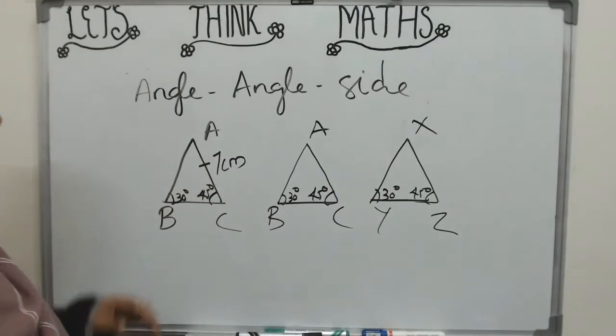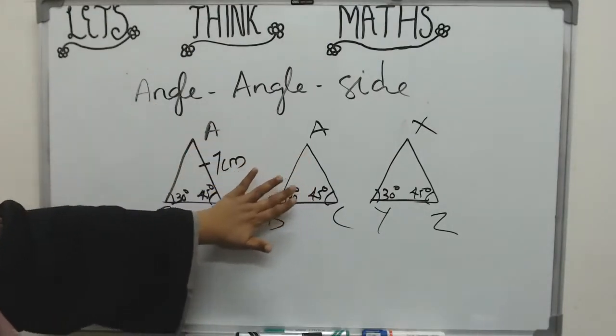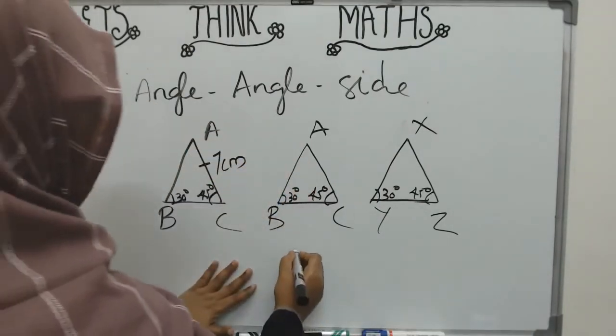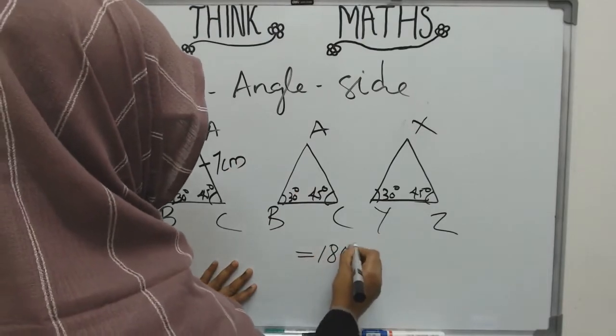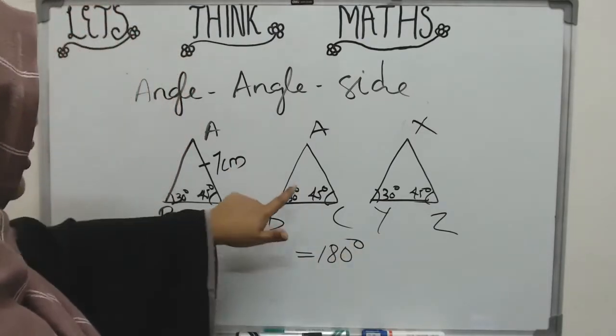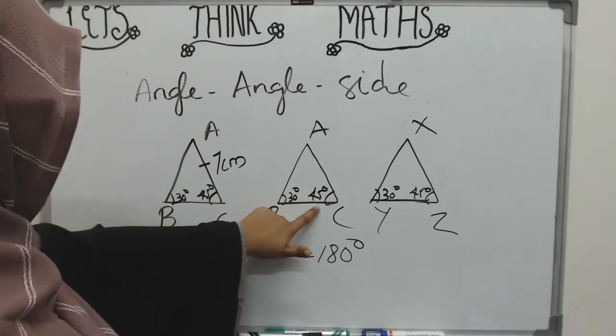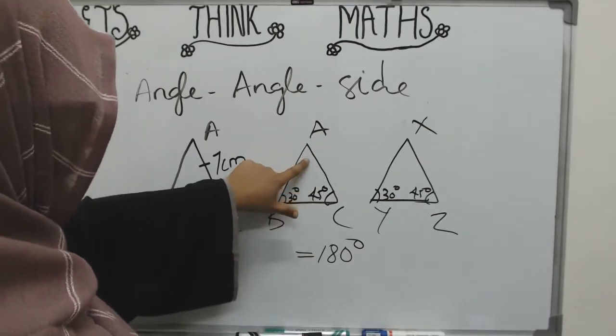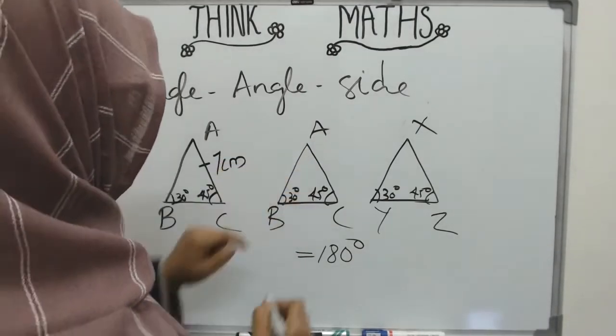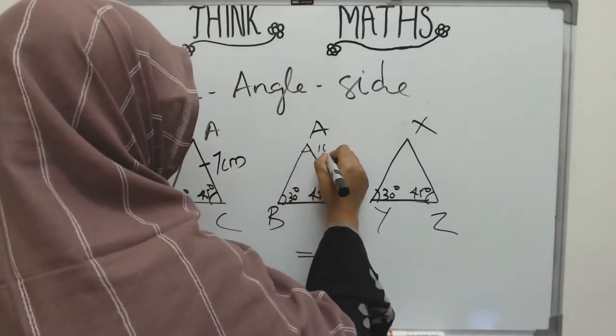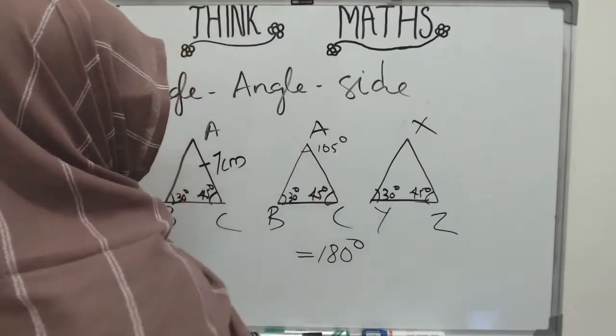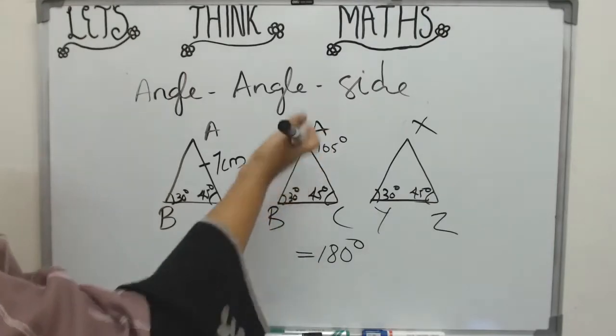Can you guess? Because we know that the sum of the angles of a triangle is always equal to 180 degrees. Right? So if this is 30 and this is 45, what does this have to be? It has to be 105. Right? There is no other way out. This has to be 105.